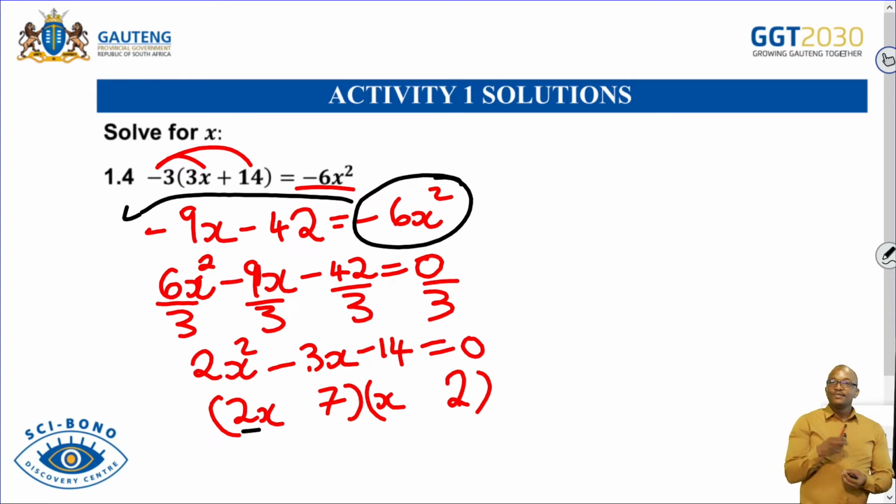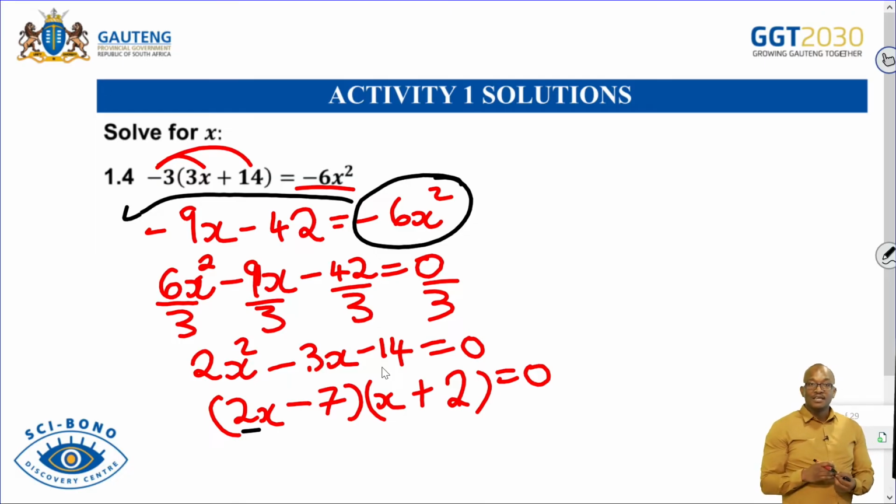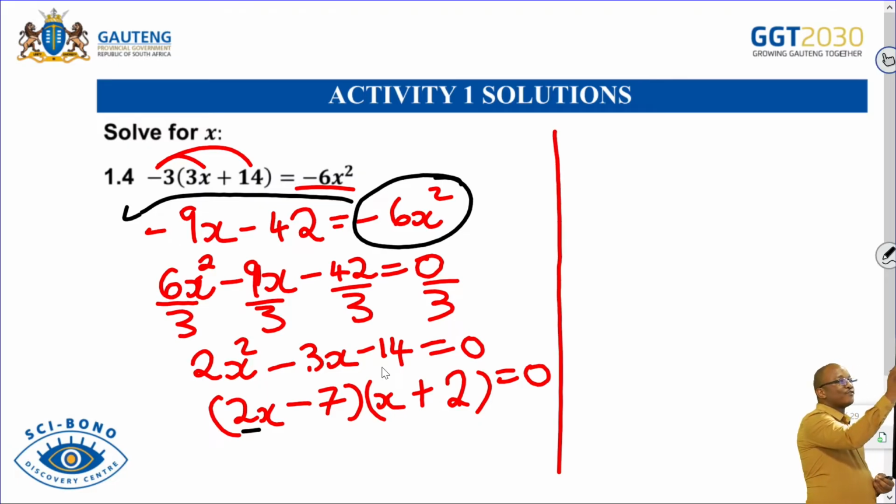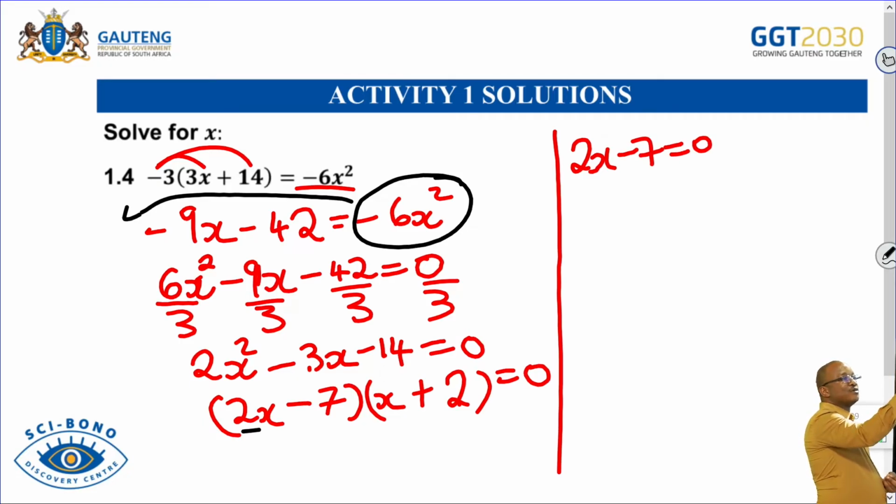The middle term is negative, and the bigger number here is 7. The smaller number is 2. So I guess now you understand how I have done that, because in the previous activity, I explained how you get them. Now you know that you are going to use your zero factor rule. 2x minus 7 is equal to 0, or x plus 2 is equal to 0. Now, you will have to simplify here.